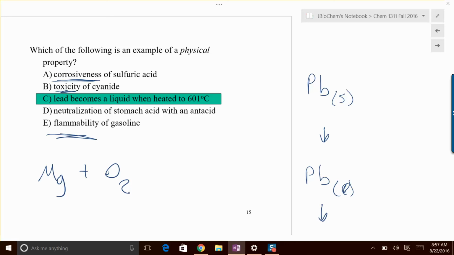It reacts with the oxygen in the air, and it forms magnesium oxide. Okay? In those exact proportions. 1 magnesium, 1 oxygen. Okay? So that's flammability. Whenever I'm combusting something with oxygen in the air, that's a chemical process.